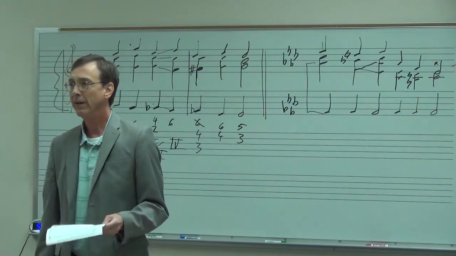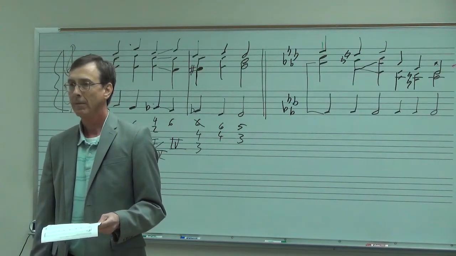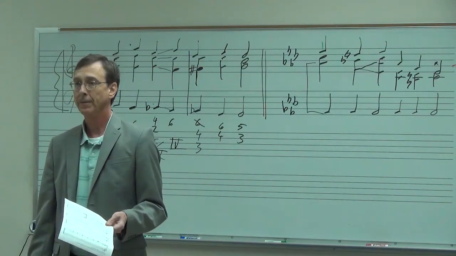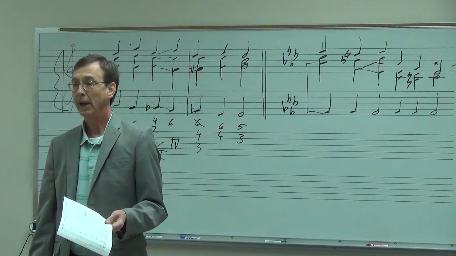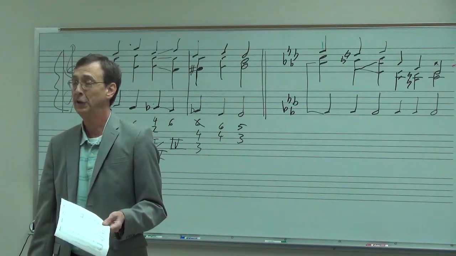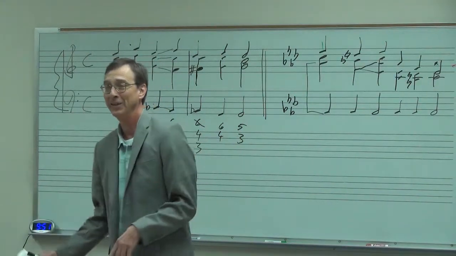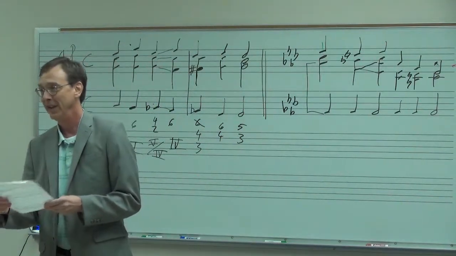Before that, they called it the devil's interval. It's true, it was called the devil's interval. Hell is filled with people who use the tritone. I avoid it. I mean, I just don't want to take any extra chances.